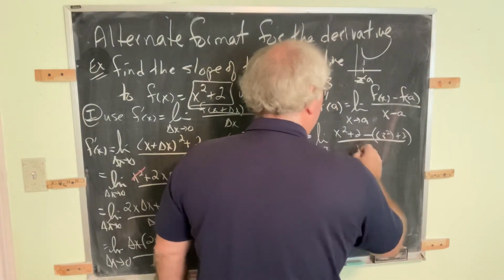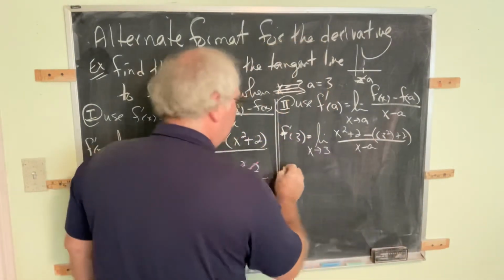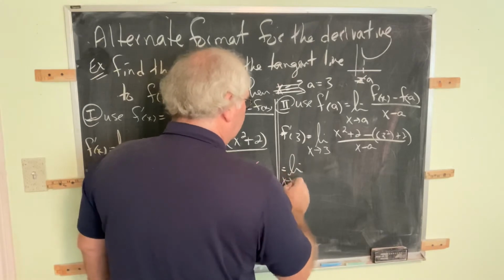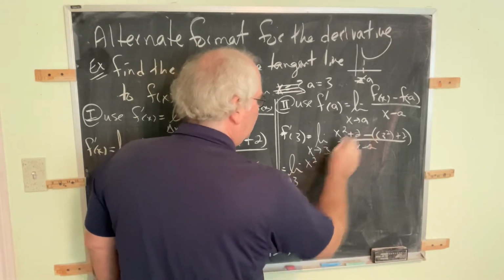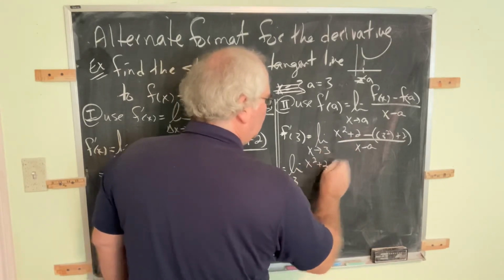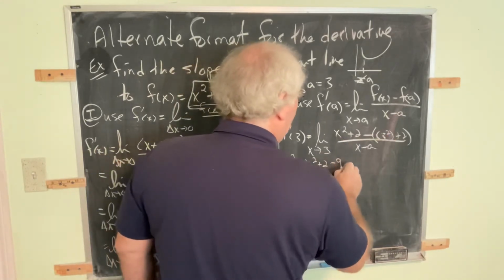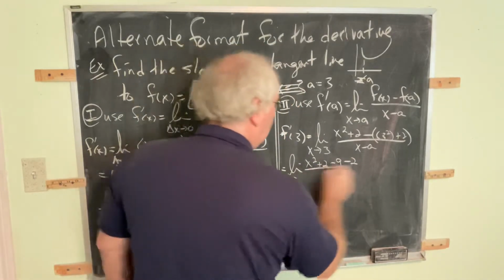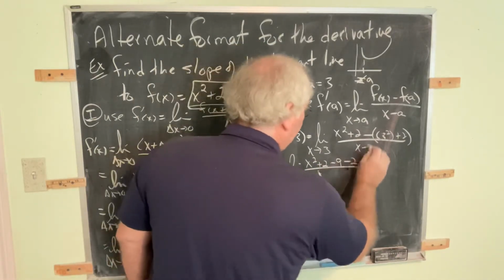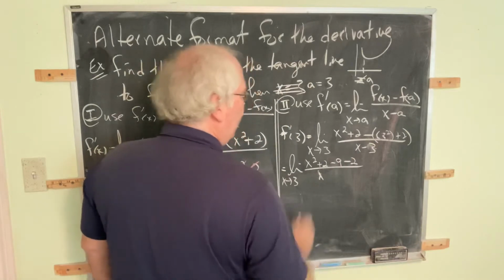All over x minus a. This is the limit as x goes to 3. I have x squared plus 2 minus 9 minus 2 all over x minus a, and a is 3.